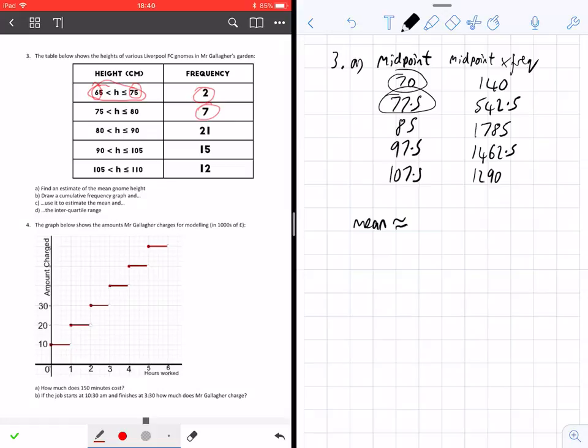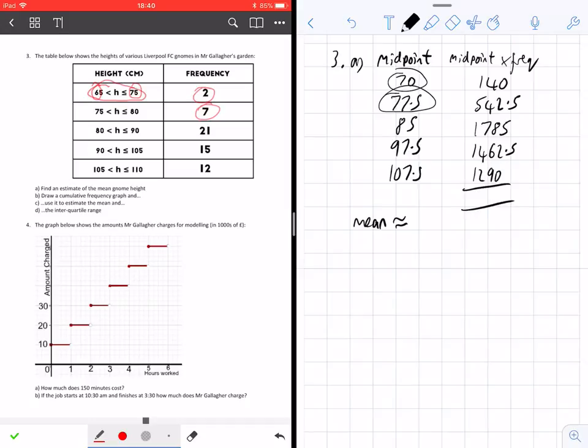So I'm looking for an estimate of the mean, and what I'm looking for is the total estimated height of the loams. So that's the sum of this column here, divided by the total number of loams, and that's the sum of the frequency column here.